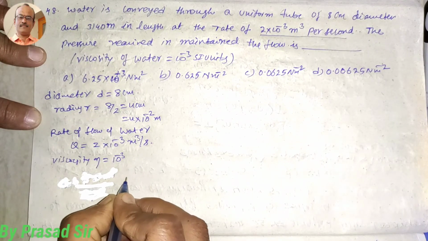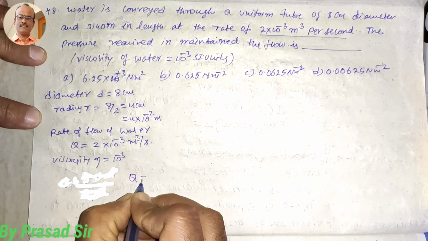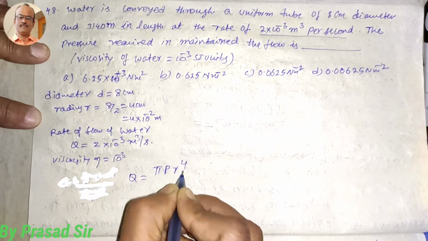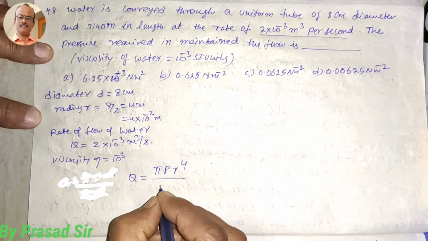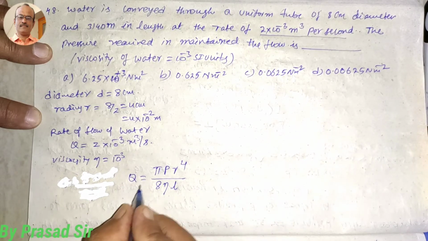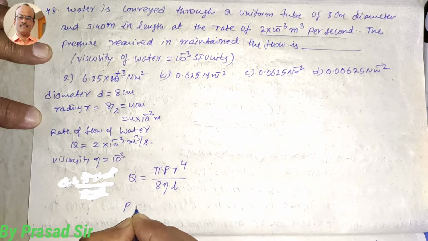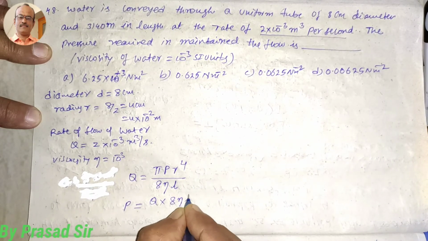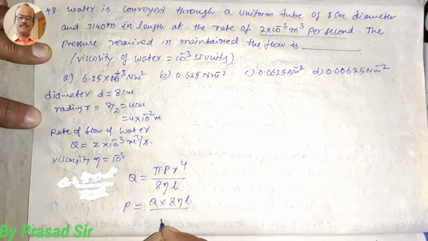Now here I will write the formula, that is rate of flow Q is equal to pi P R to the power of 4 divided by 8 eta L. But I want to write the formula for pressure. P is equal to Q into 8 eta into L divided by pi R to the power of 4.